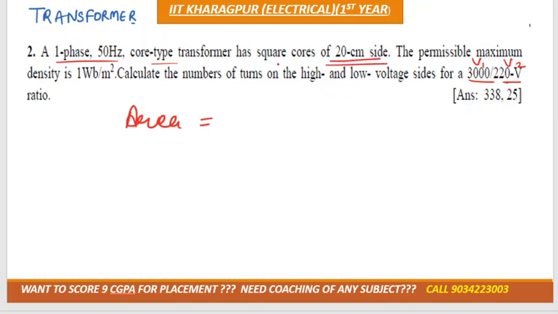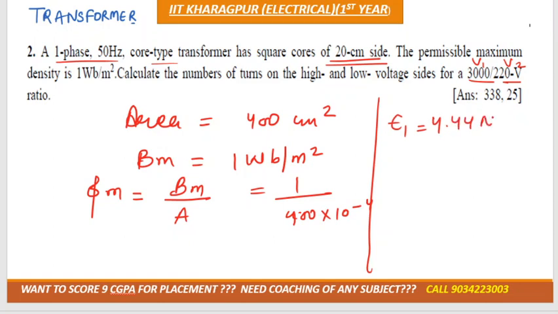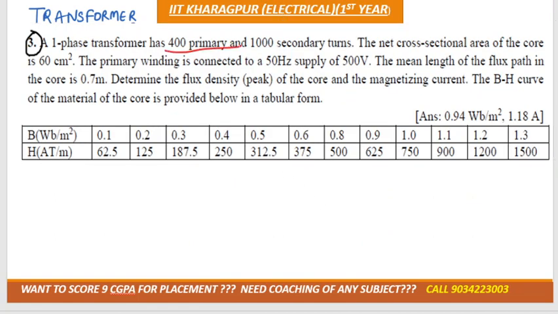What is it? Bm is 1 Weber per meter square. Solve it.